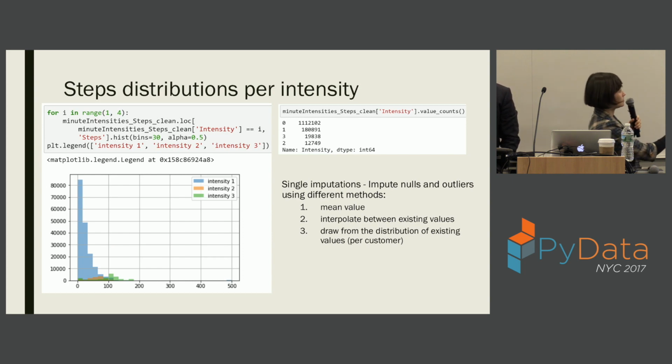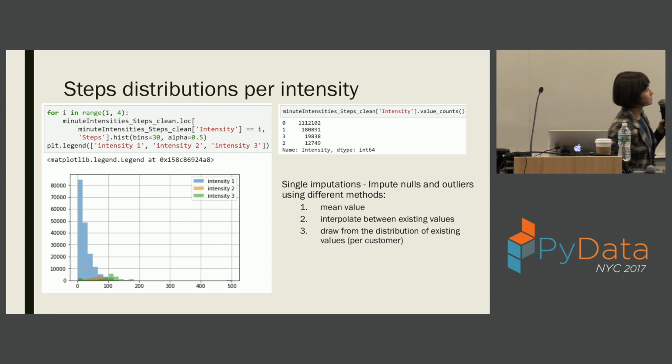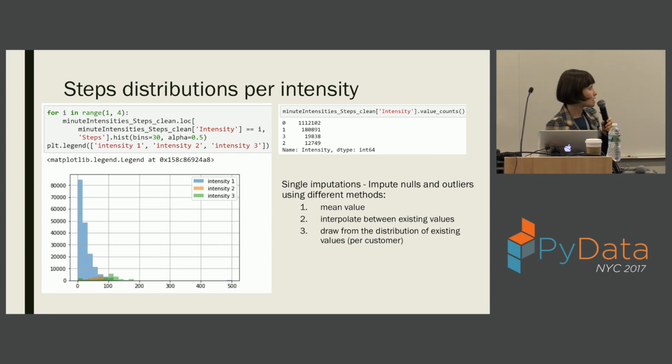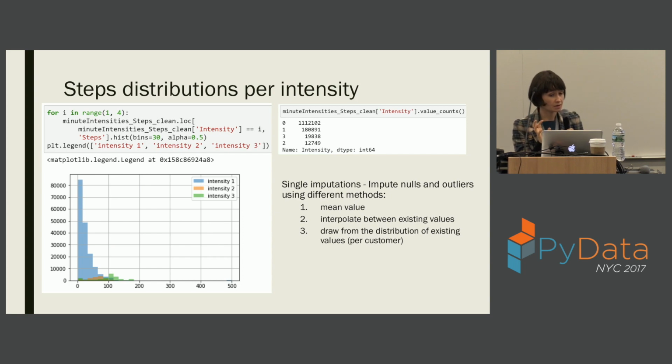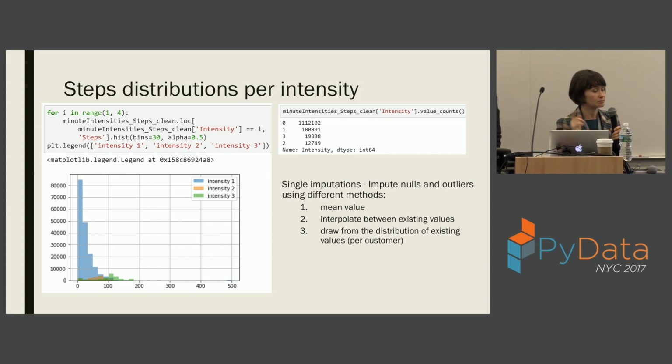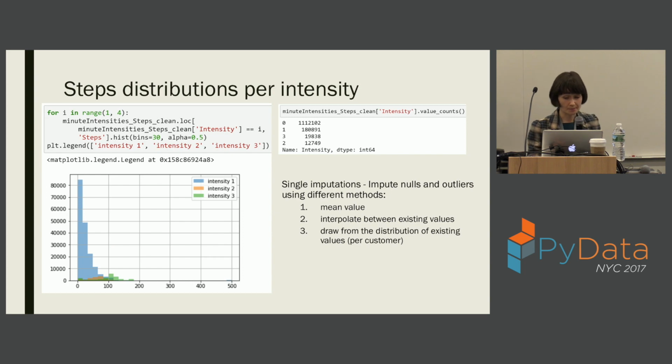The scale is counts, and these are histograms of the number of steps. Visually, most of the intensities are 1, aside from 0, in this distribution. That's why, when we did the model, we chose the average stride length between running and walking, because we don't have enough observations in intensity 2 and 3 to model them separately.